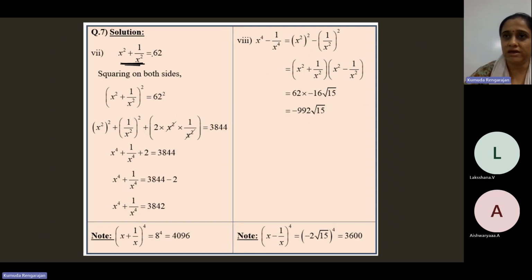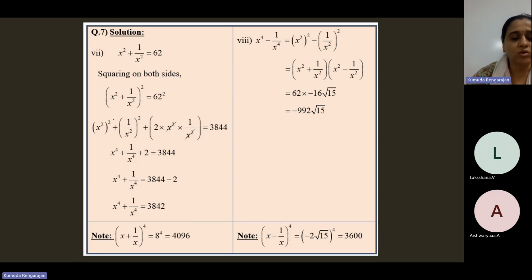Take that equation, x square plus 1 by x square is equal to 62, and square it on both the sides. This is like a plus b the whole square, so a square plus b square plus 2ab is equal to 62 squared, which is 3844.